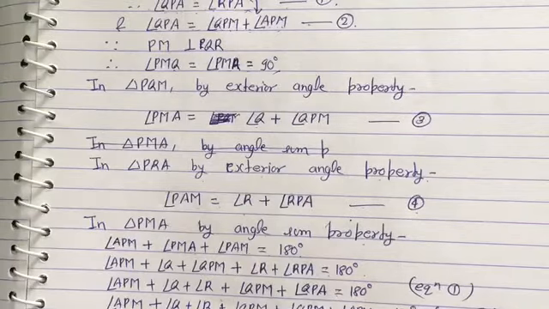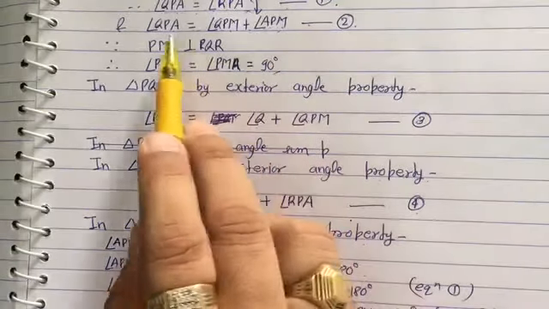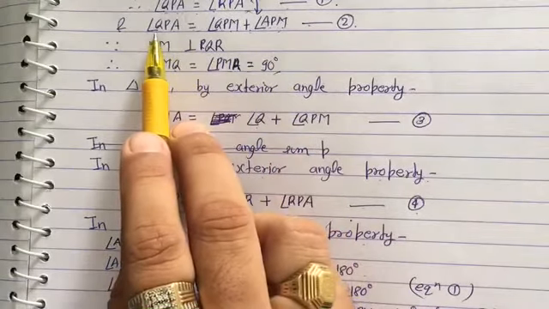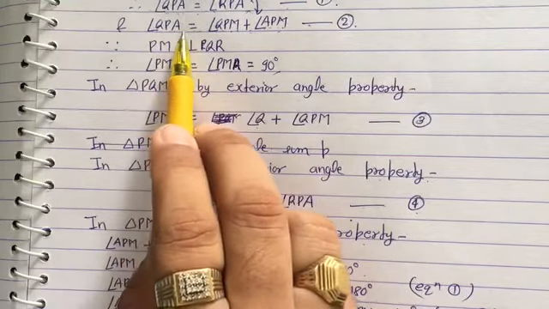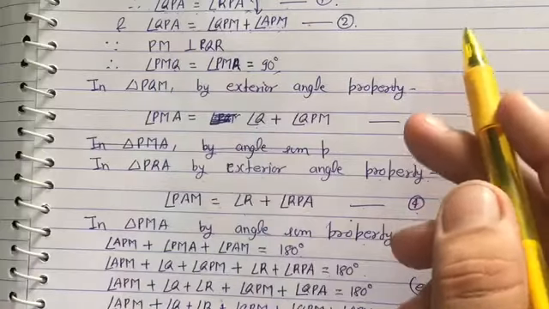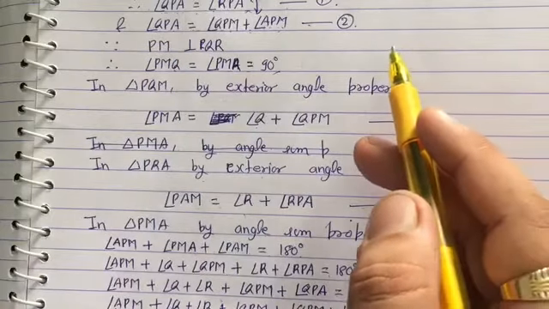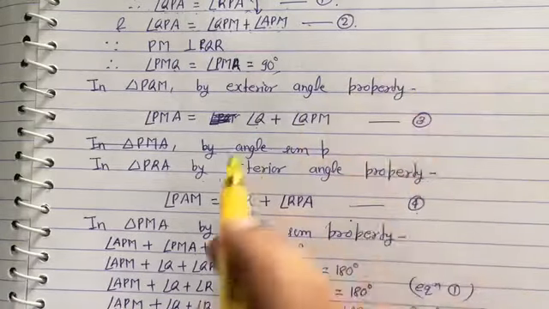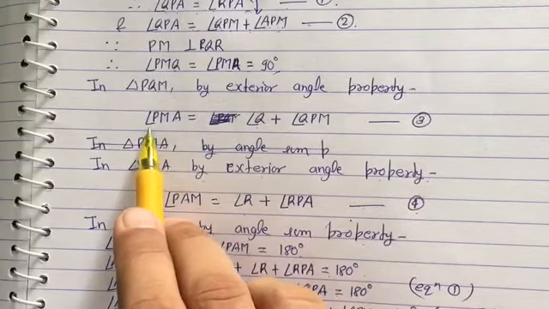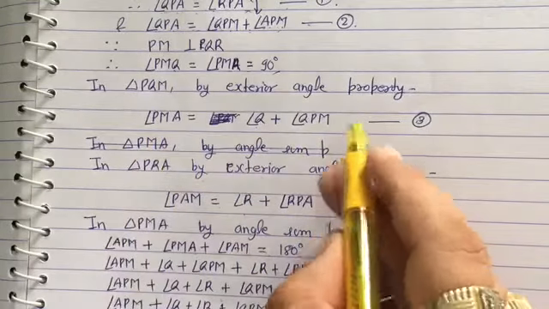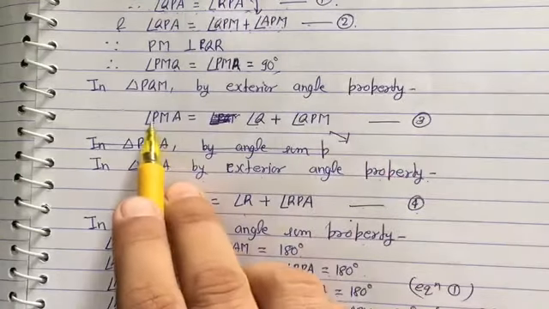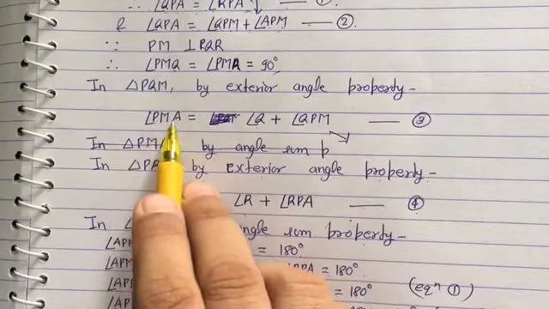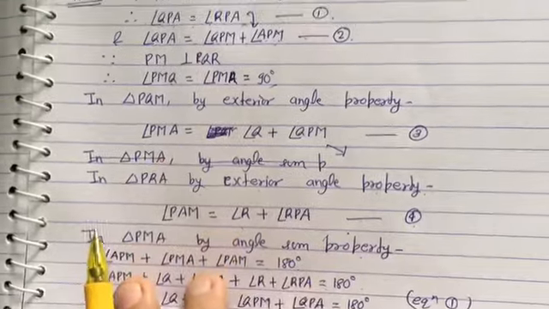Okay, look here in equation number 2, this angle QPA, and this angle PMA, here equation number 3. The value of angle PMA is 90 degrees.